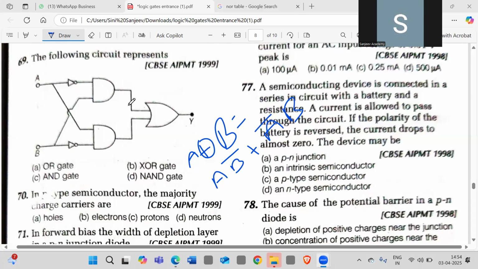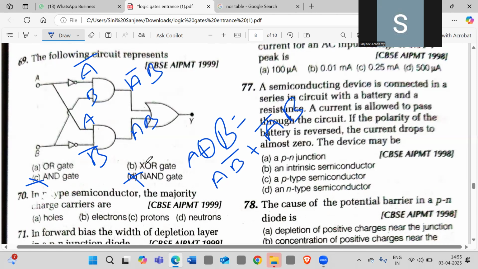It is kind of OR gate, and we are having two inputs, right? So eliminate AND gate, multiplication, and this one. It's always between OR gate and XOR gate. This will become A bar. This is my A. This is my B bar. This is my B. So I'll be getting A bar B, and this is my AB bar. So add both the things. So I'll be getting what? XOR gate. Answer is XOR gate. Simple thing.